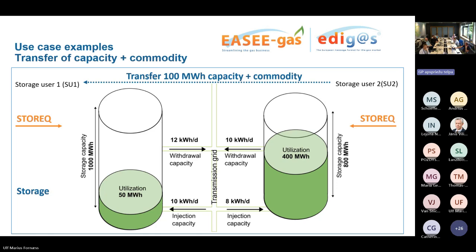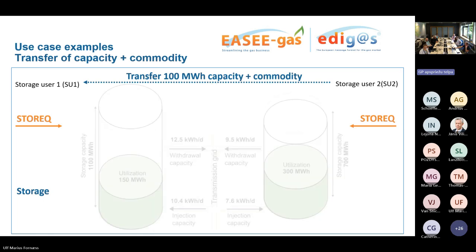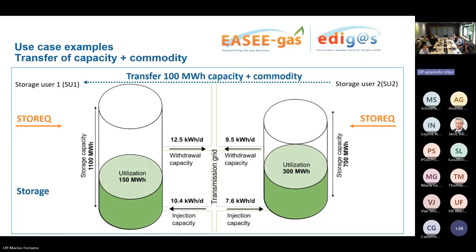Also in this case, we assume that everything is correct, so we can perform this transaction. In this case, there will be changes not only on the utilization level in the storage for each storage user, but also changes for their withdrawal and injection capacity.